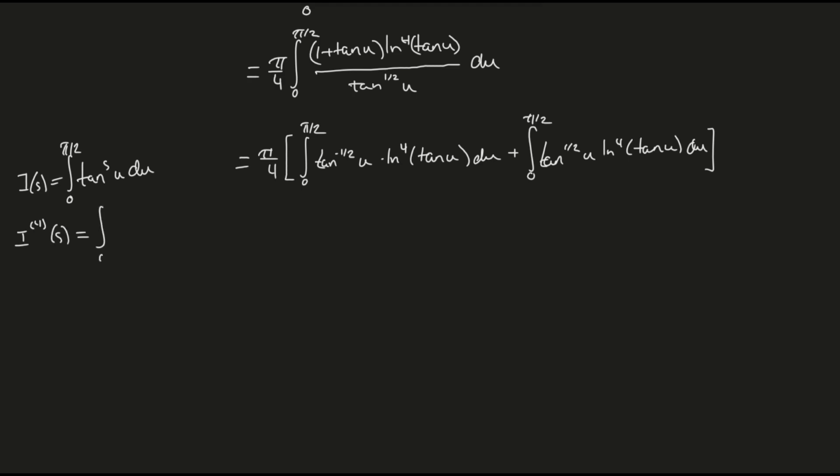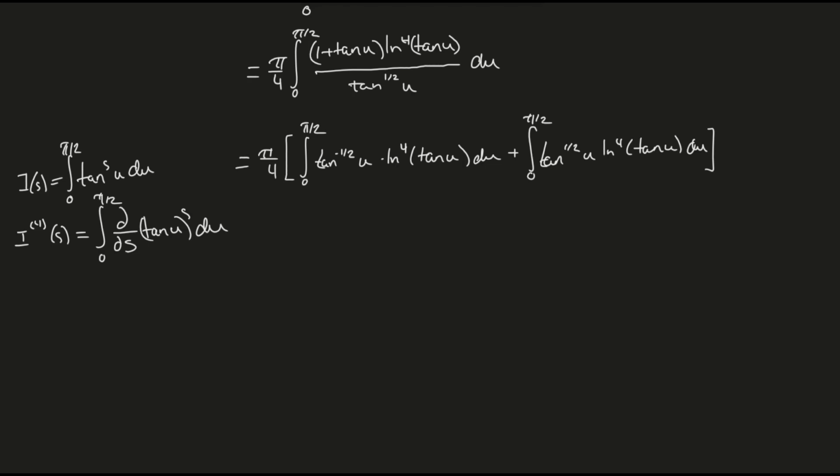And using the Leibniz rule for integration, I won't be proving why we can do that, but you can switch up. Here we would have 4 times a d by ds, but we can slip it inside because of the Leibniz rule for integration. And it becomes a partial derivative with respect to s of tangent u to the s power du.